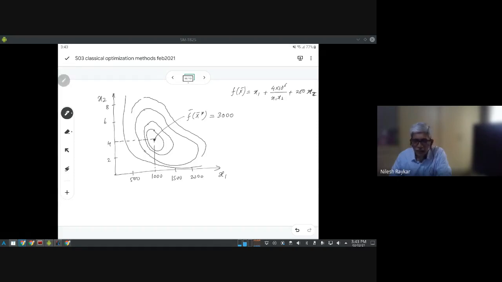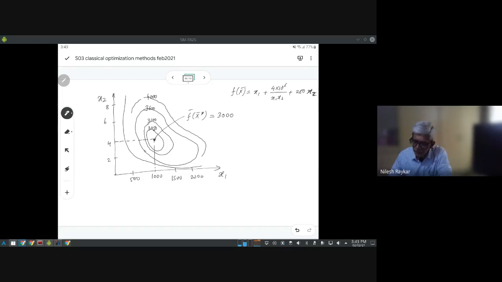If you plot this, it can be done more efficiently using programming. There is a Python function which can give you this isocontour directly. Just to illustrate, the first one is 3050, the second one is 3100, the next one is 3600, and this is 4000.